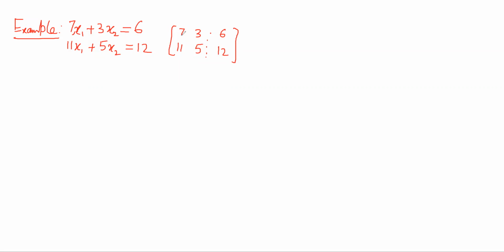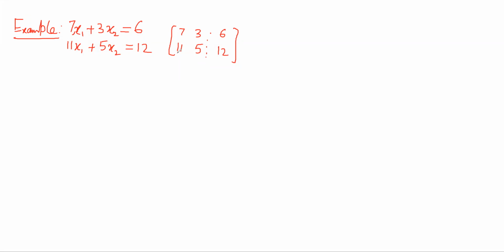In the echelon form, the first row will have the first non-zero term. This first row already has a non-zero term, so this means that we don't have to change the first row. But in the second row, if we transform it into the echelon form, this term where 11 is here should be 0.